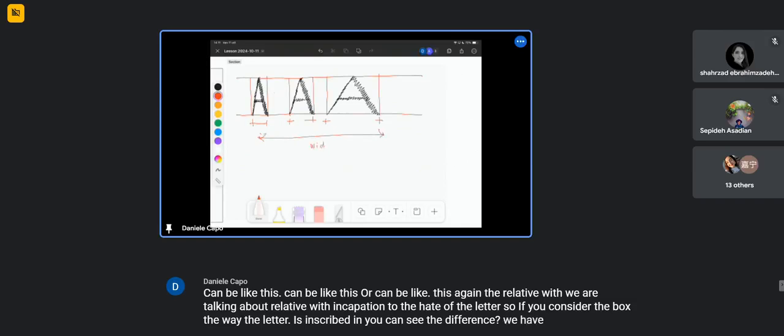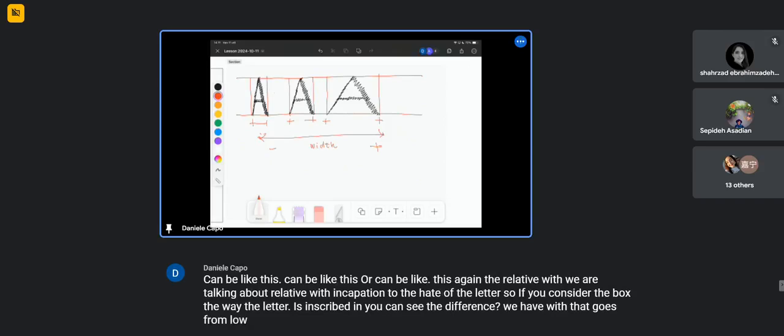We have the width that goes from low to high. We use terms like compressed and expanded.